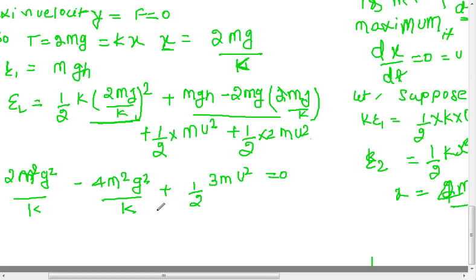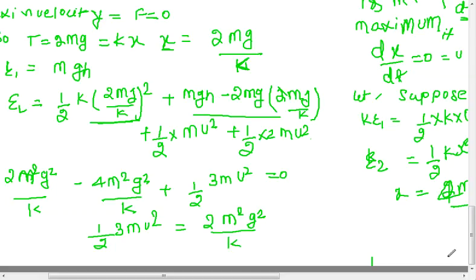So if we are careful, we can easily find that 3 by 2 m v square should be equal to 2 m square g square by k.